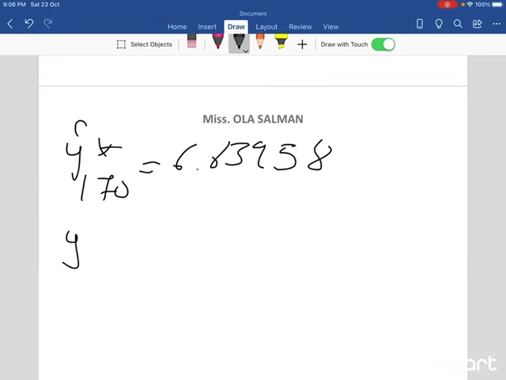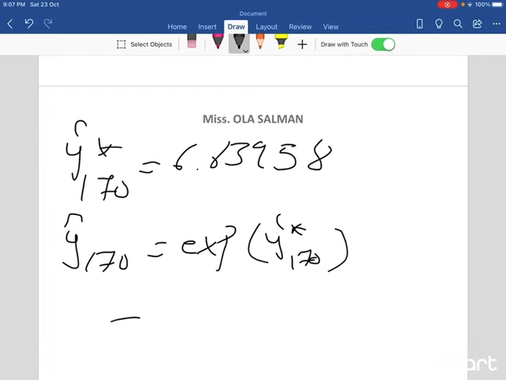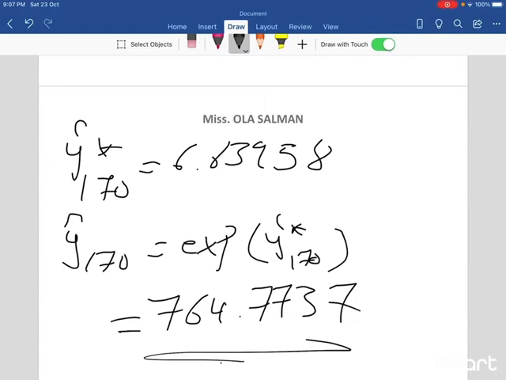If I need y hat 170, I will calculate the exponential for y hat star 170. The answer will be 764.7737. So I calculated as normal, but at the last answer I take the exponential for it.